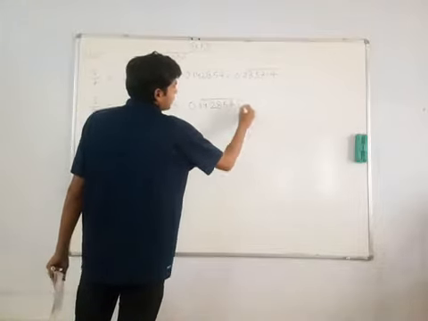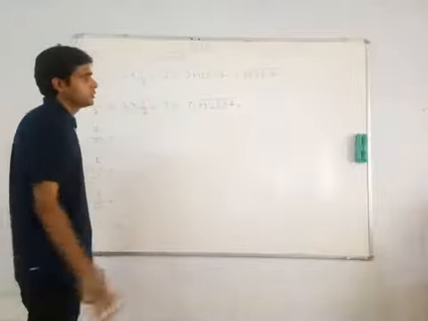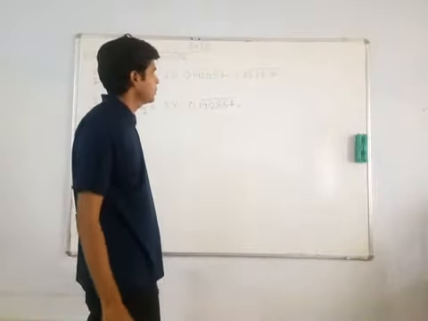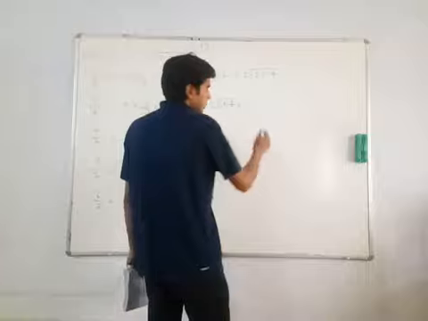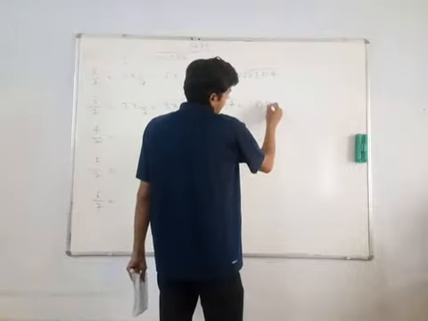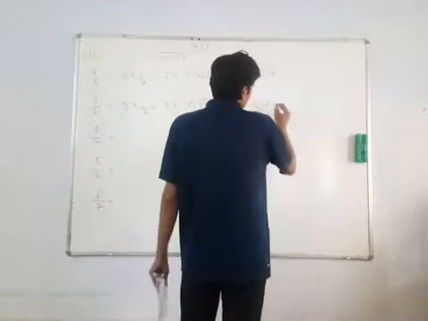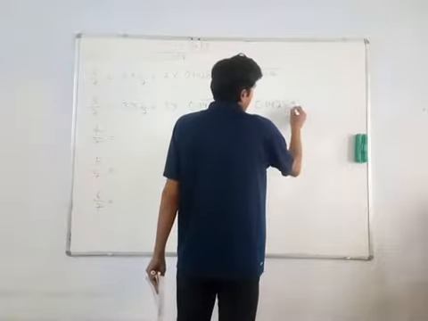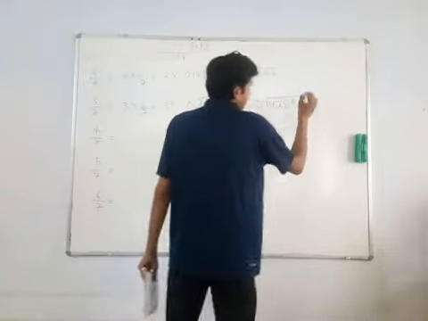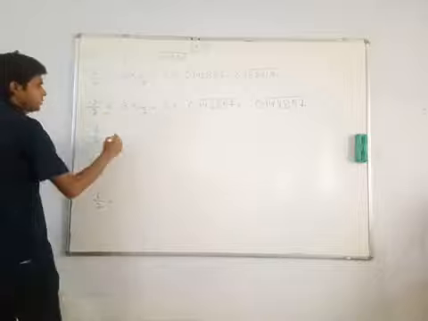So if you multiply 3 into 0.142857, that is 0.428571. Right? Third is 4 upon 7.